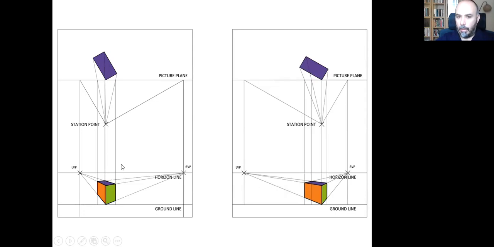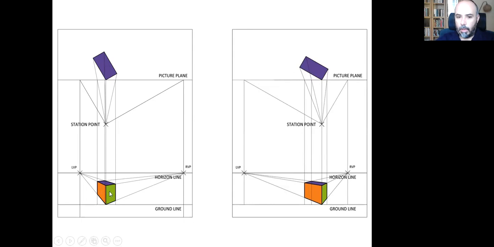And let's compare the first and the second one. As you can see, they both have the same level for the horizon line. However, the position of the object has been changed. The station points are nearly the same. And now we can compare the two images.